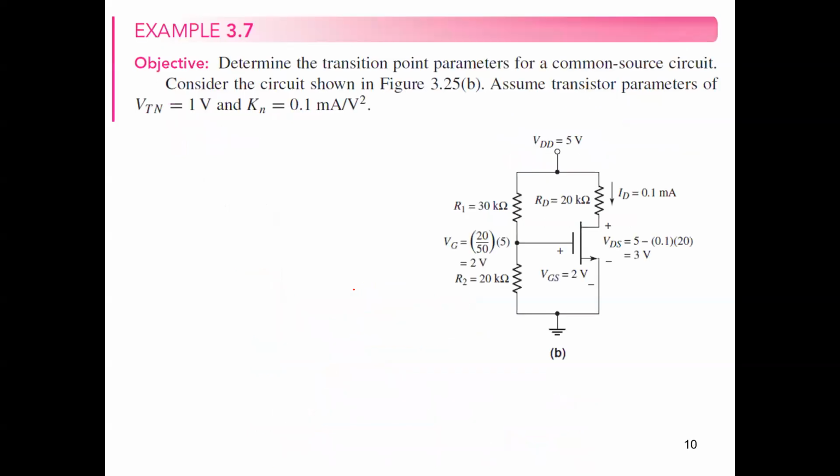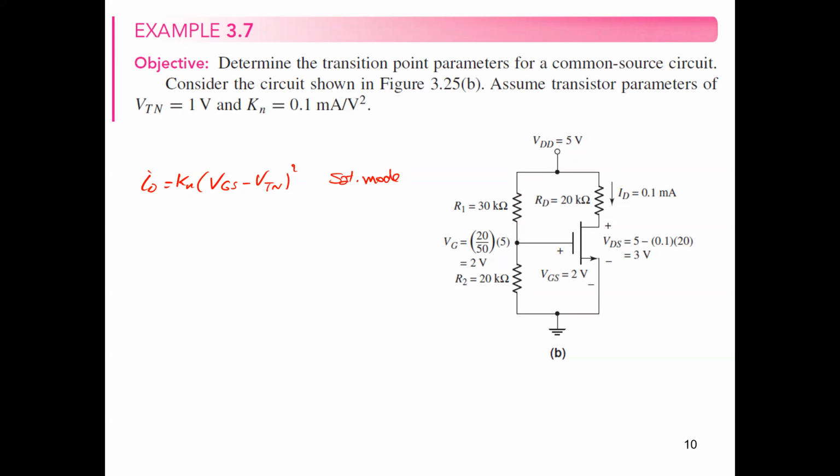Firstly, we can say now the relation of current. So we have ID equals Kn times (VGS minus VTN) squared. So this is the relation of current with VDS at saturation mode.